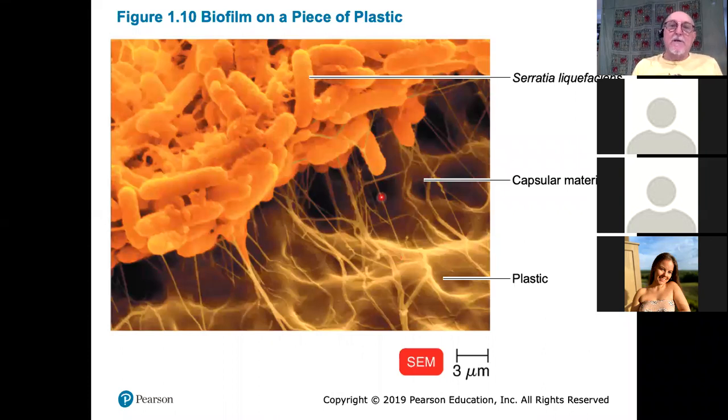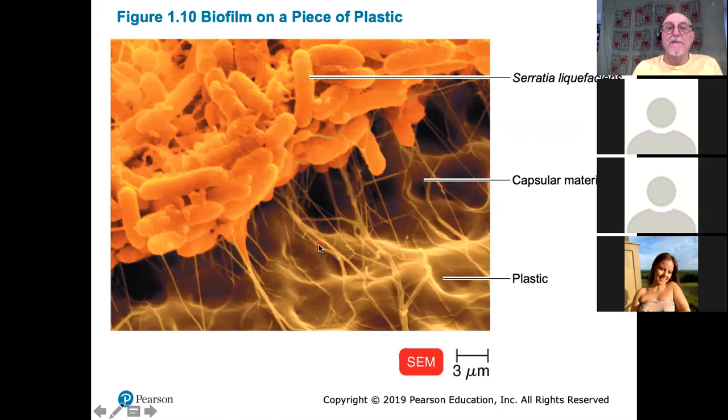This is, in this case, a single organism called Serratia, and it's formed on a piece of plastic. Here's the plastic, and you see all these strands.